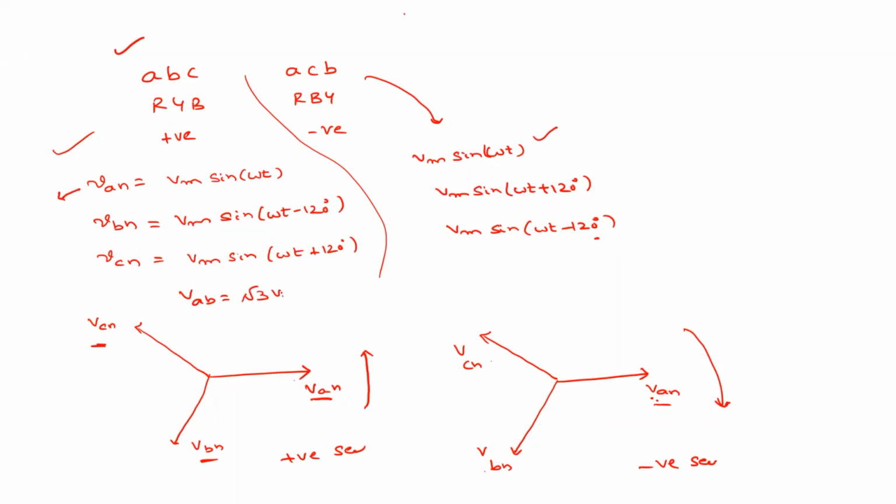Root 3 Vm sine omega t. How much angle will you get here? We already discussed that. At what angle? So it is leading. Minus 30 degrees. Why minus 30 degrees?